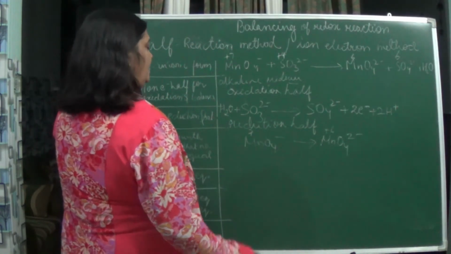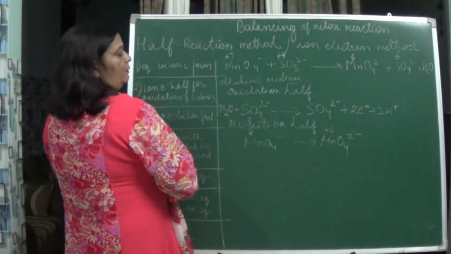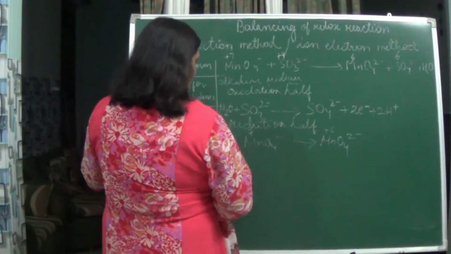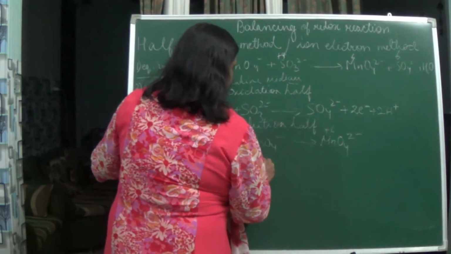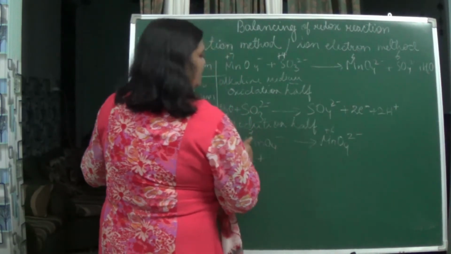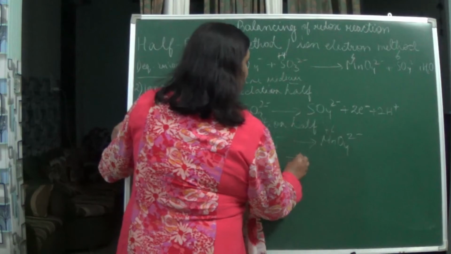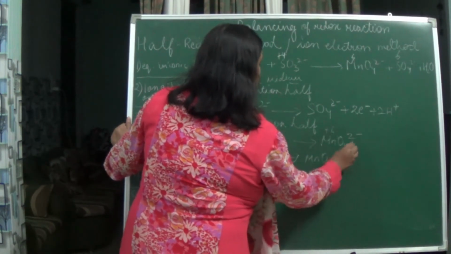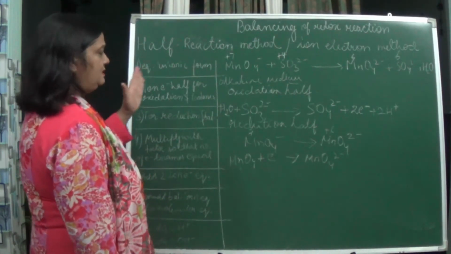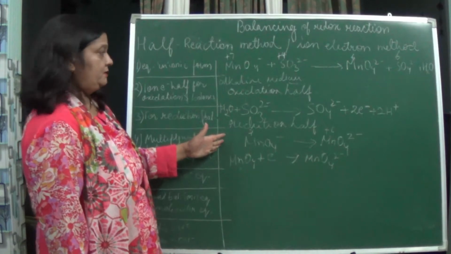So now here if we are seeing where we will be writing the electrons, okay, so electrons if we add over this side, MnO4 minus plus here how many electrons? 1 electron, okay, it will be giving what? MnO4 2 minus. So now you have taken out basically what? The oxidation half and the reduction half.